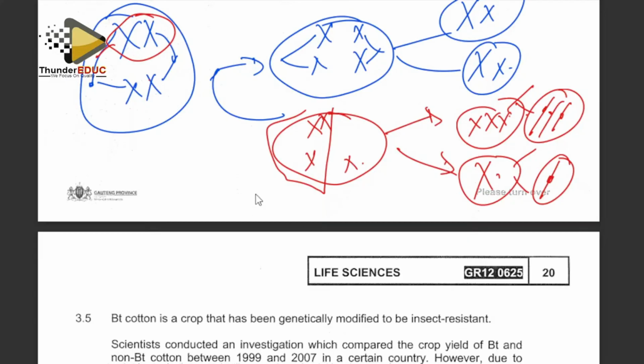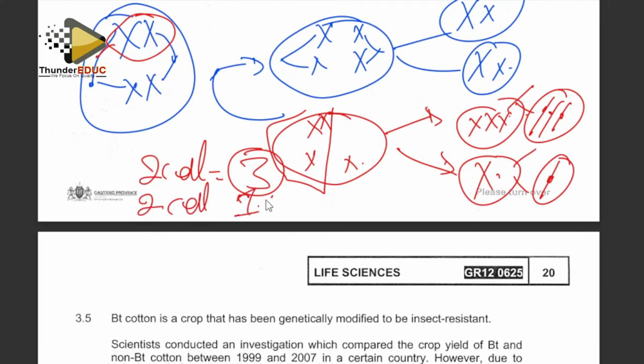In other words, 2 of the cells will have 3 chromosomes, while the other 2 cells will have 1 chromosome. This is what I'm trying to describe: the other 2 will have 3 of them, then the other 2 will have 1 of them.